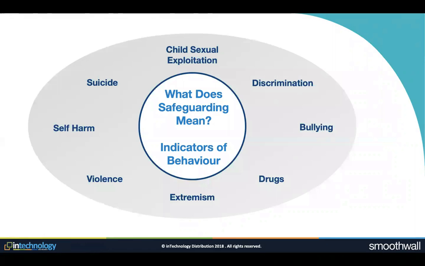And as we can see from the slide here, there are a variety of activities which we want to keep as minimal or hopefully eradicate from our young people's lives. Things like bullying, self-harm, radicalization, the exploitation of people. These are real things which impact our young people. And being a parent myself, I want to make sure that my young people are as safe as possible. And safeguarding is the kind of thing which ensures that.